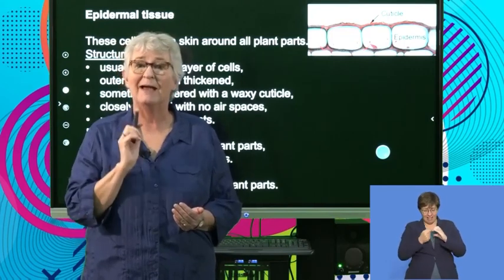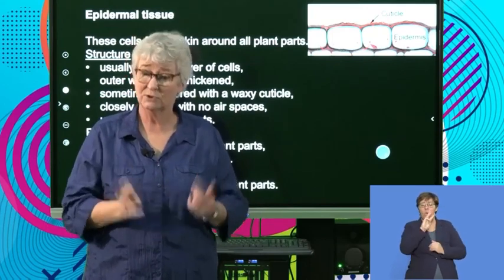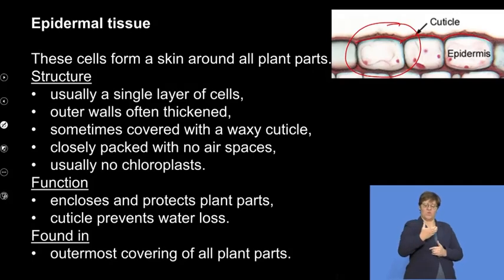That is because by rubbing the apple, you have smoothed the waxy cuticle so that you can see that it's actually nice and shiny. The cells underneath that often have a thickened wall, because if their job is protection, they need to have an extra thick wall to be able to do their job. We find them on the outside of all plant parts to protect and keep in water.